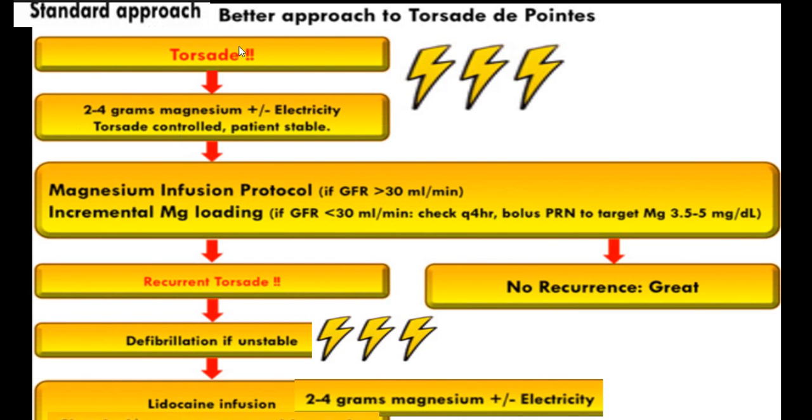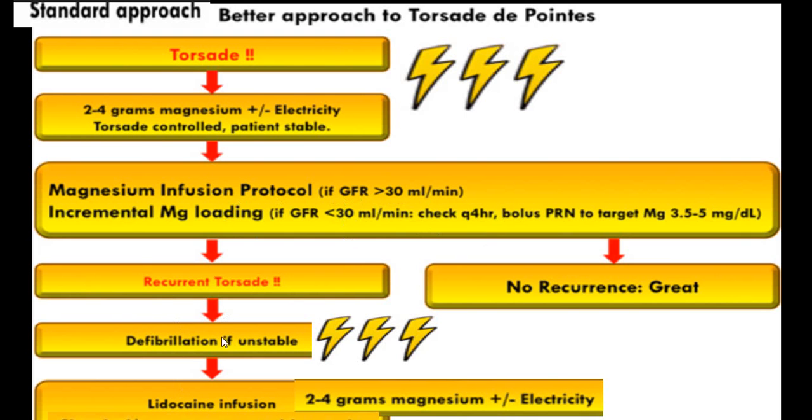That is, in an unstable patient, straightforward defibrillation, and in a stable patient you can go for magnesium, and if required again defibrillation. Magnesium infusion if GFR is more than 30 ml, and if GFR is less than 30, then you have to check properly, and then accordingly you have to use the magnesium loading dose.